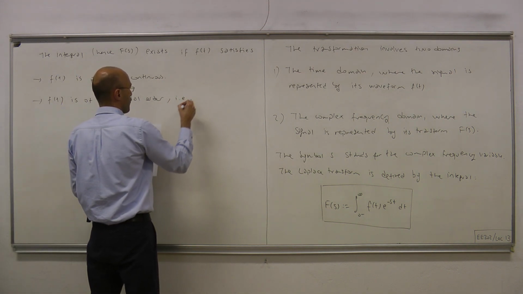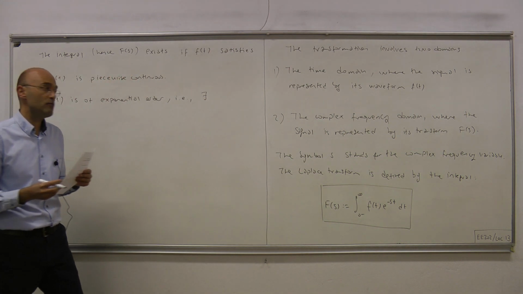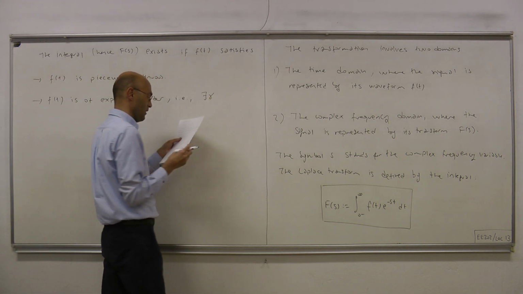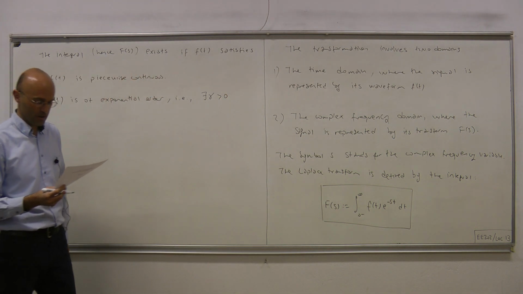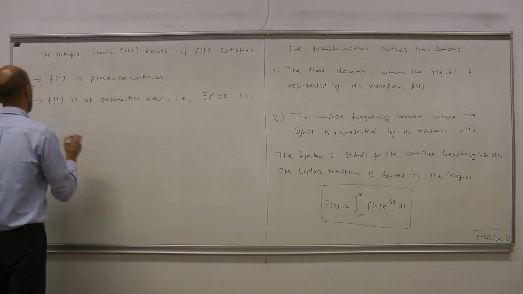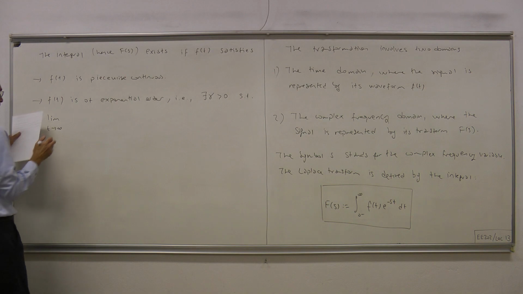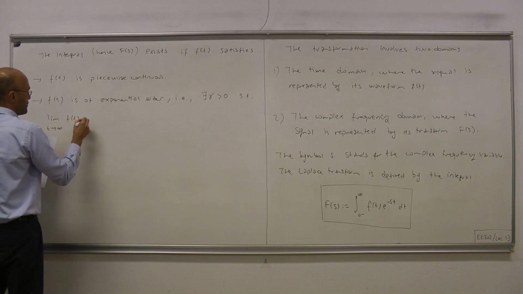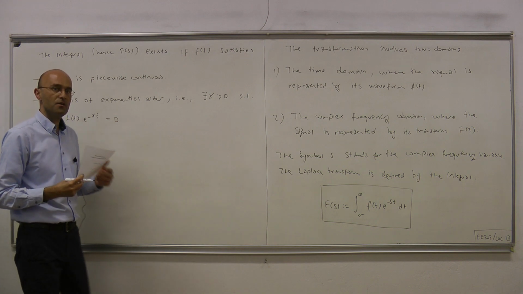More formally, for any given f of t, we should be able to find a positive real number, let's call it gamma, such that in the limit as t goes to infinity, f of t e to the minus gamma t is 0.